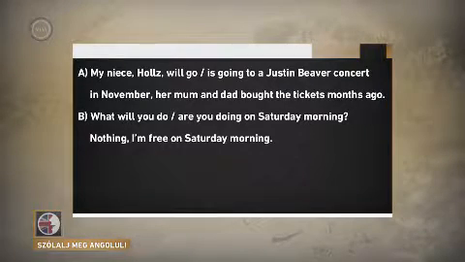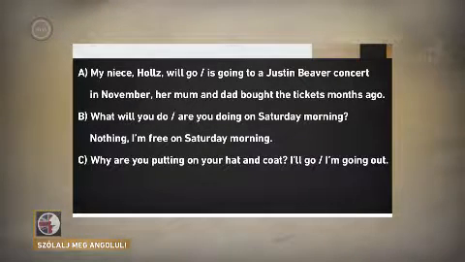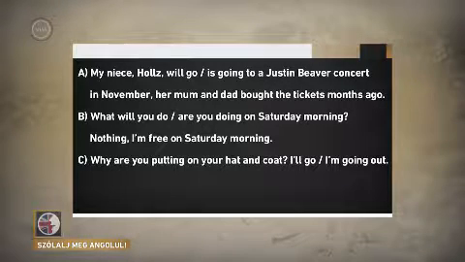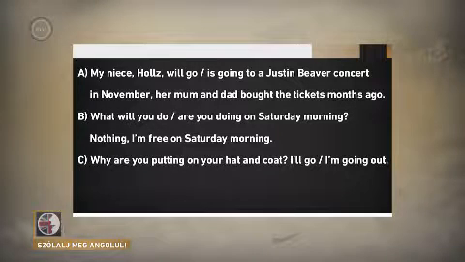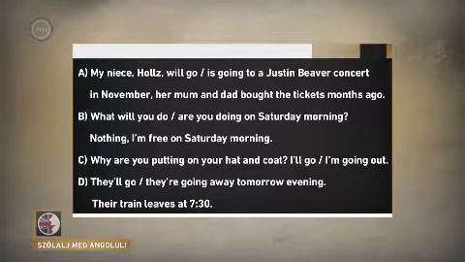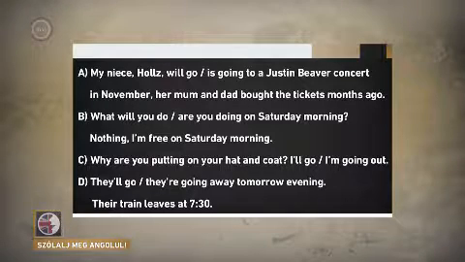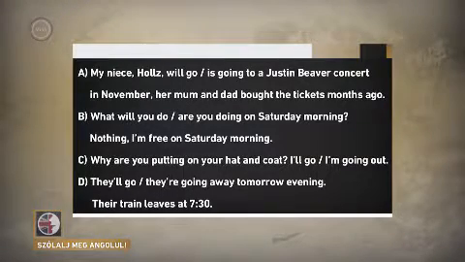I'm free on Saturday morning. Sentence C. Why are you putting on your hat and coat? I'll go or I'm going out. Sentence D. They'll go or they're going away tomorrow evening. Their train leaves at 7:30.